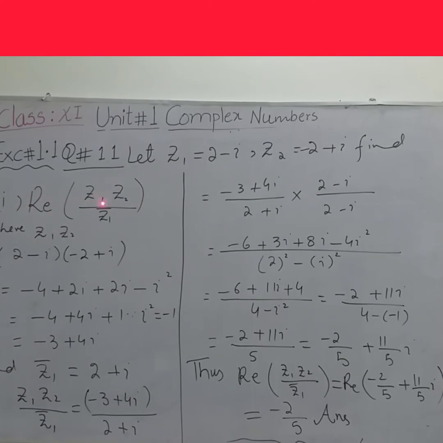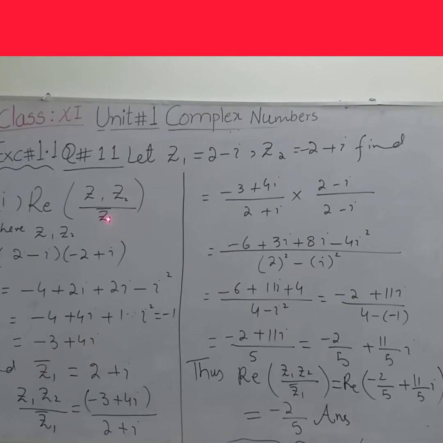First finding z1 z2, putting values of z1 and z2, multiplying them. We have first multiplying 2 with minus 2 plus iota, then multiplying minus iota with minus 2 plus iota. We have minus 3 plus 4 iota.